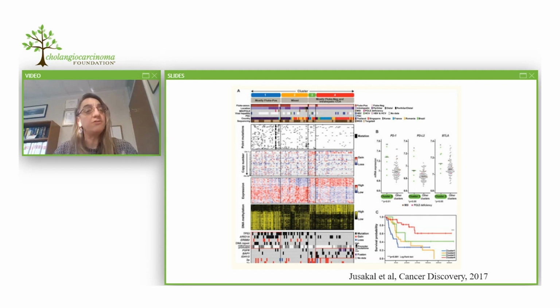And this is very helpful to do these integrated analyses, looking at changes in the copy number of genes, looking at specific mutations, looking at expression, DNA methylation, to try to understand, can we understand cholangiocarcinoma better?